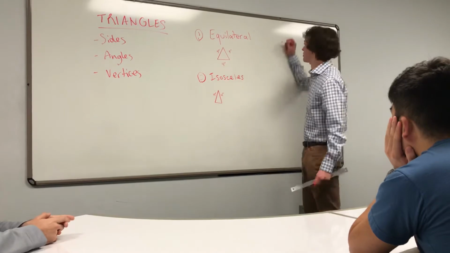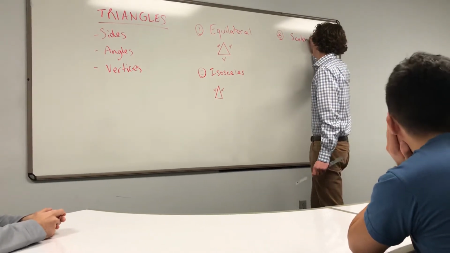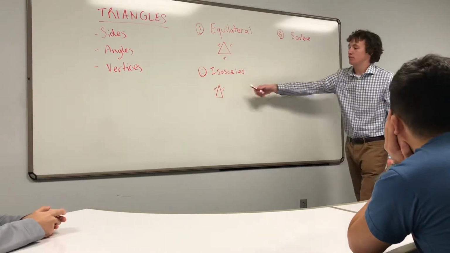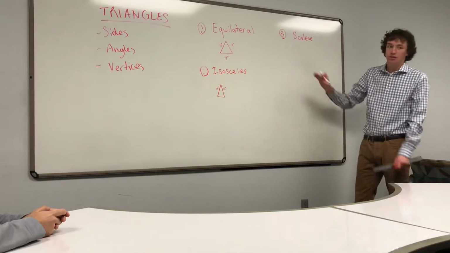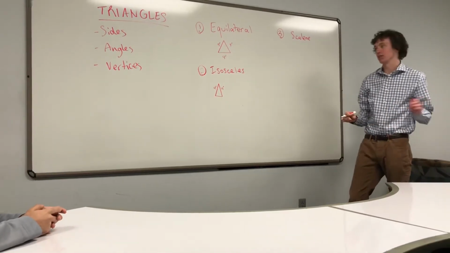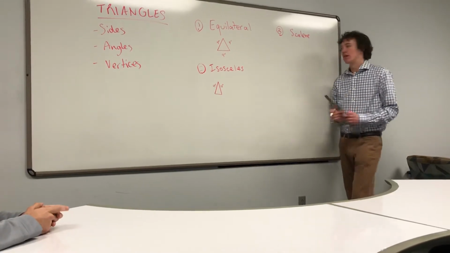The third type of triangle we're going to study today is called the scalene triangle. And the scalene is different in that while these 2 have similar lengths of sides, with this one, all the 3 sides are different lengths. And so the scalene, therefore, can look a lot of different ways.